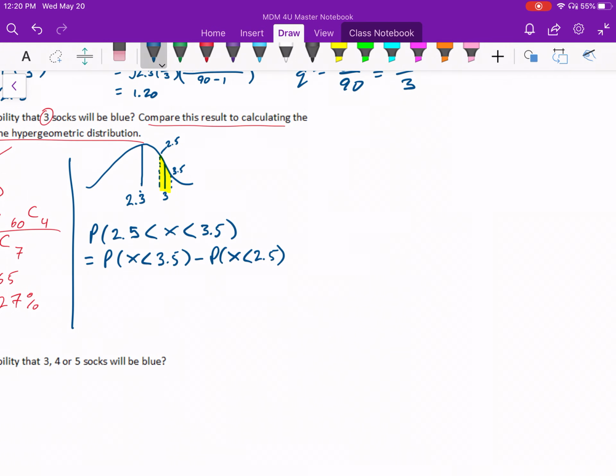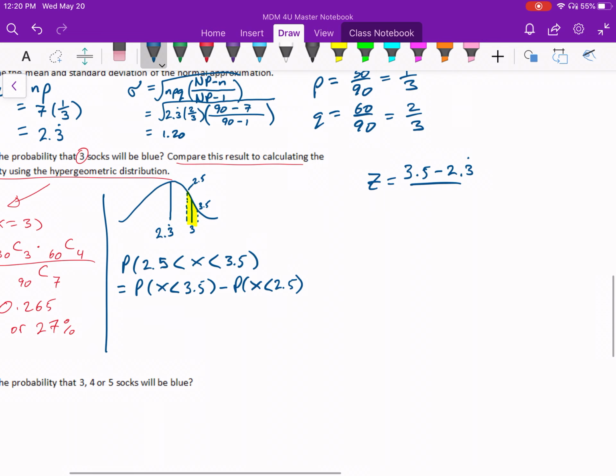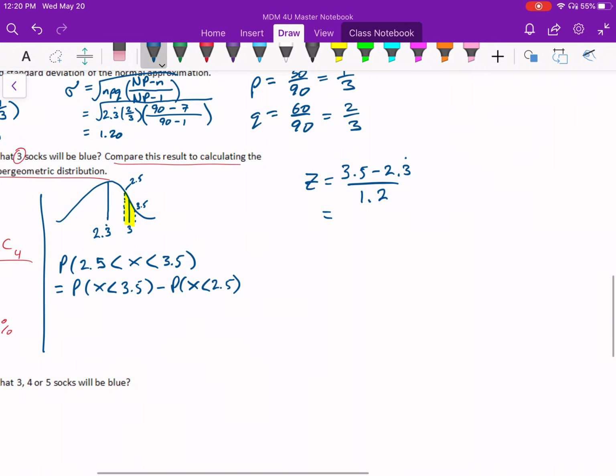So my z-score for when x equals 3.5 would be 3.5 minus 2.3 repeating over 1.20, 0.98, which from the z-score table works out to be 0.8365.